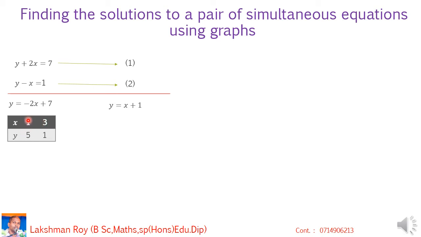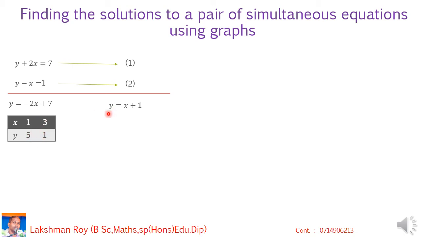So when x is 1, I put here x is 1, then find the value of y, right? So easily you can calculate, that is 5. Then same way I put x as 3 here, right? Then multiplied by -2, then added 7, then you get 1, right? So these are the two coordinates, (1, 5) and (3, 1), right?